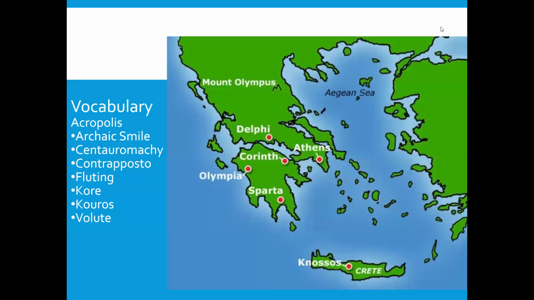Some vocabulary terms here are Acropolis, the archaic smile, the Centauromachy, contrapposto, fluting, choros, and volute.